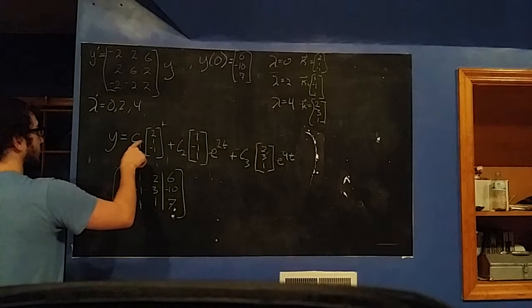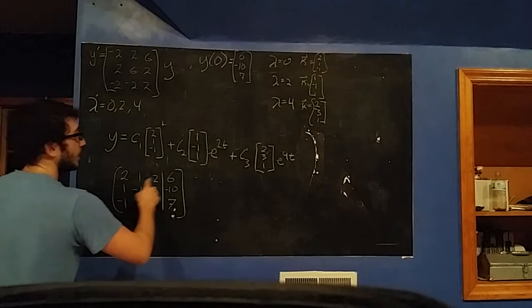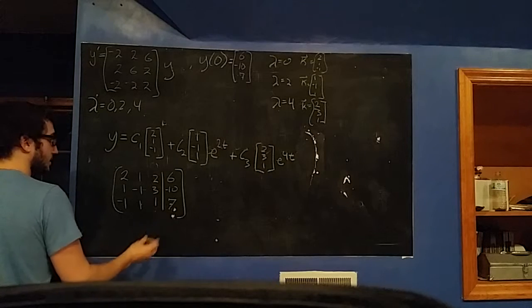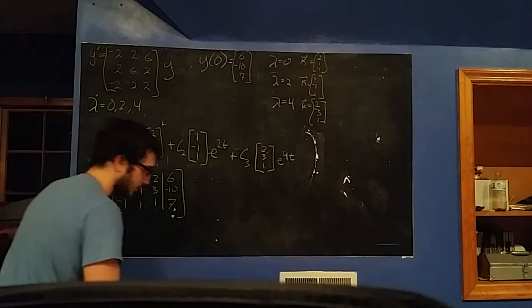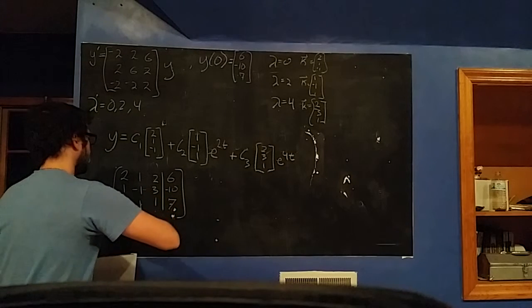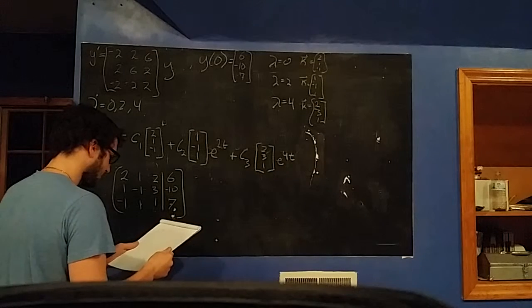So we have 2C1 plus C2, I'm sorry, and 2C3 is equal to our first condition, which is going to be 6. And with this, we can do a little bit more matrix fun and start adding rows together and finding out what would be the simplest.